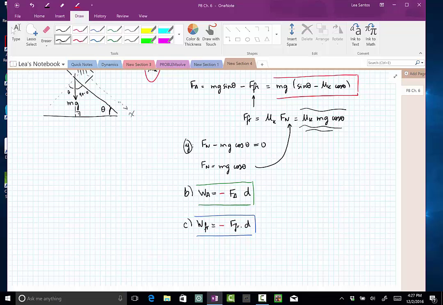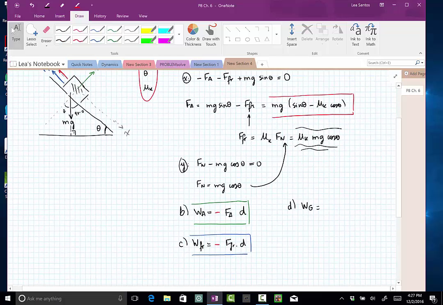And so to find the work done by the force of gravity, what we need is the component of the force of gravity along the displacement, along the x direction, and this one is mg sine of theta multiplied by the displacement, and this one is positive, as we said, because the force is in the direction of the displacement.